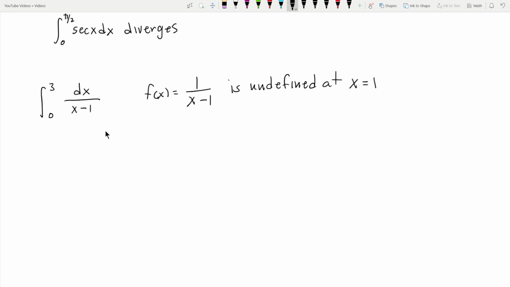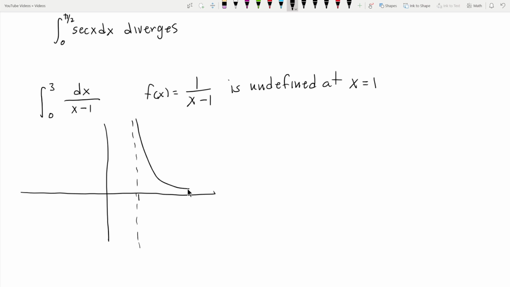And in fact, if you take a look at the graph, you've got a vertical asymptote at x equals 1, and the function looks like this on this side, and like that on that side. And we are going from 0, which is right here, to 3, which is right here.